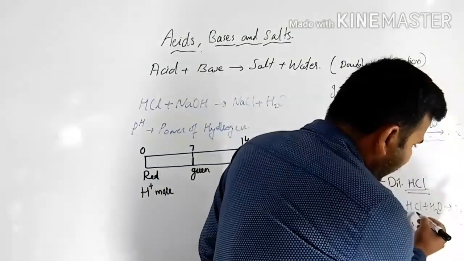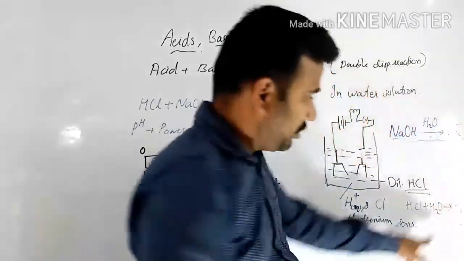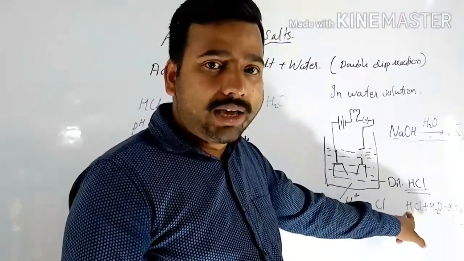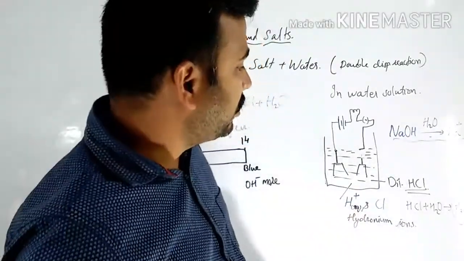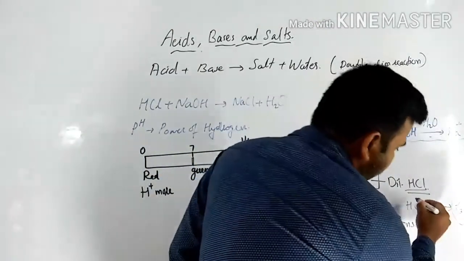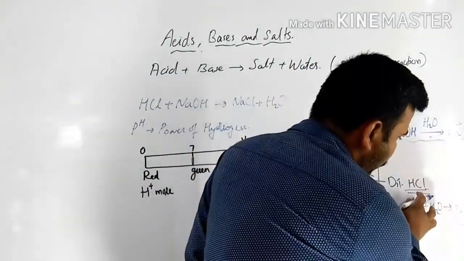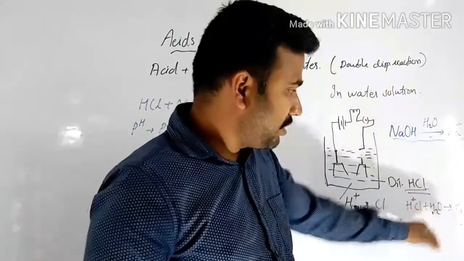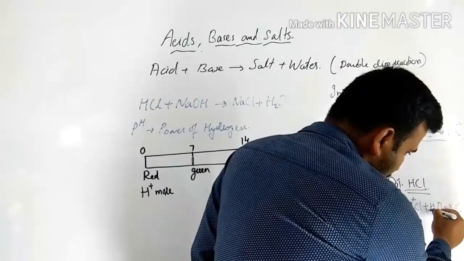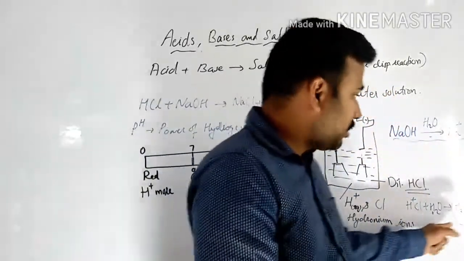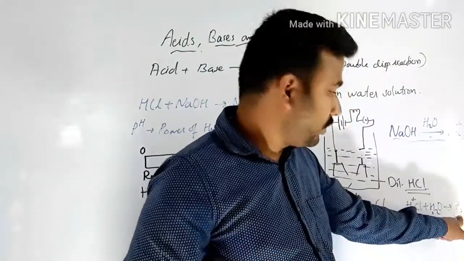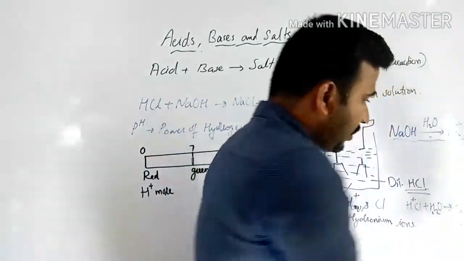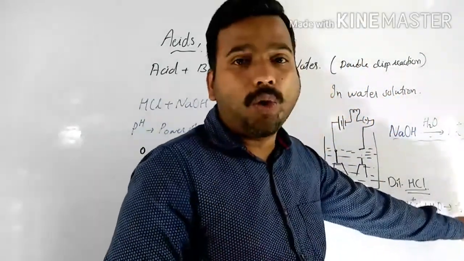The two hydrogen atoms that are present in the water molecule will react with the H plus ion that is present in the acid, plus this oxygen, so as to give a product that is called hydronium ion, which is H3O plus.